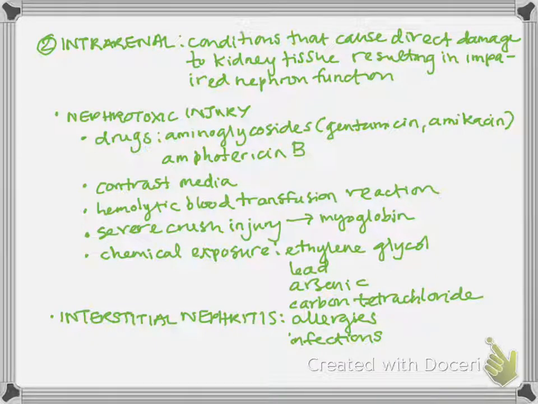Intrarenal damage is primarily caused by acute tubular necrosis, primarily a result of ischemia, nephrotoxins, or sepsis. So acute tubular necrosis is going to occur with intrarenal damage related to these causes. It could be acute tubular necrosis, or ATN.